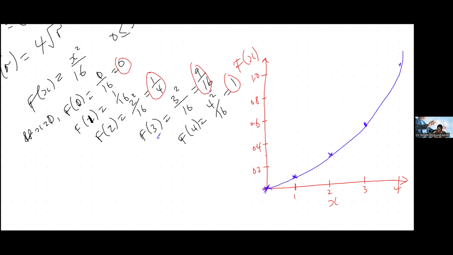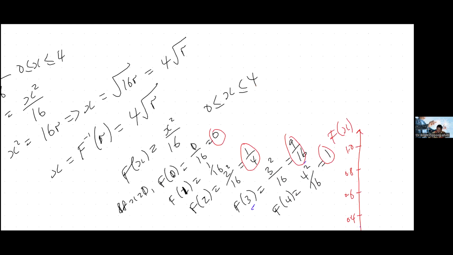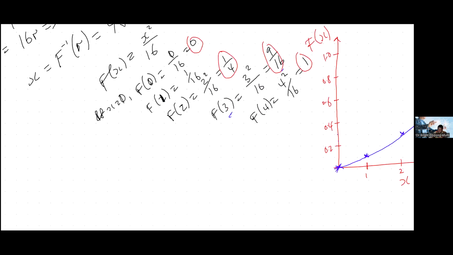All right, so then we can use this function, which we can just select from the graph, or we'll go back to our x is 4 square root of r.